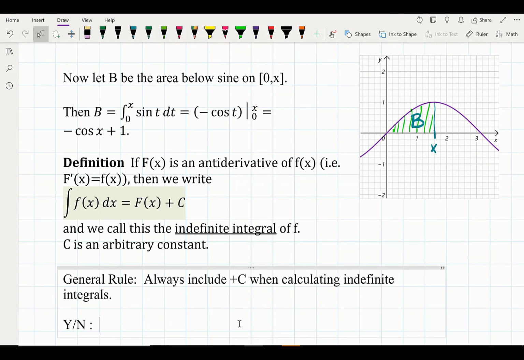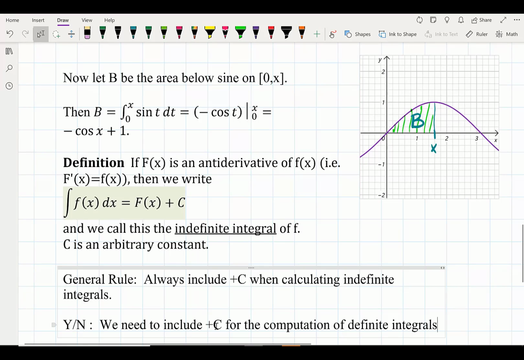Yes or no? We need to include plus C for the computation of definite integrals. Yes or no, folks? Oh, good. Most of you are saying no, and that is correct.